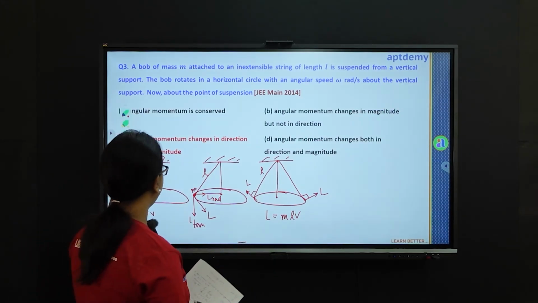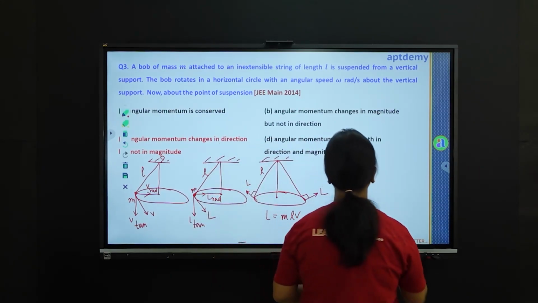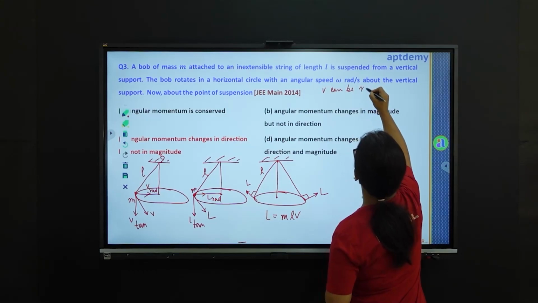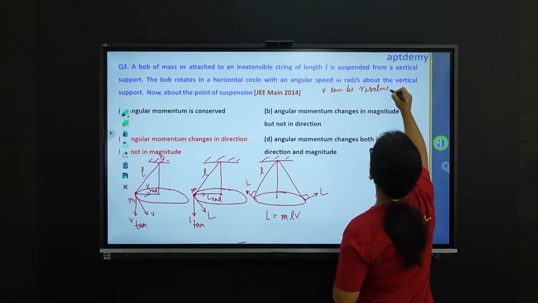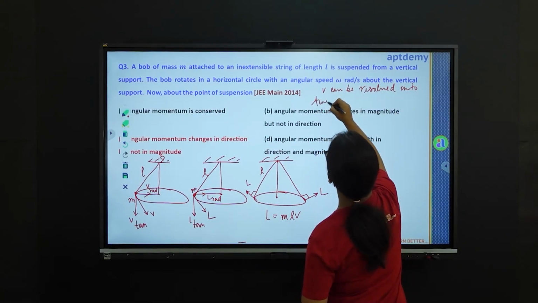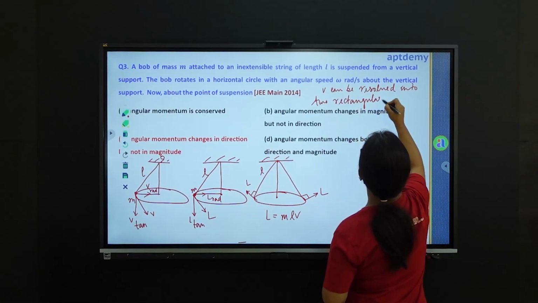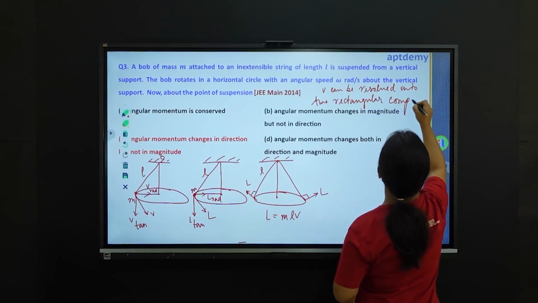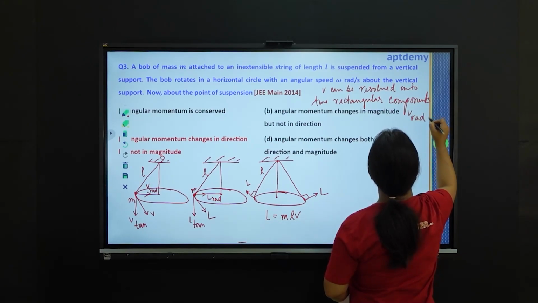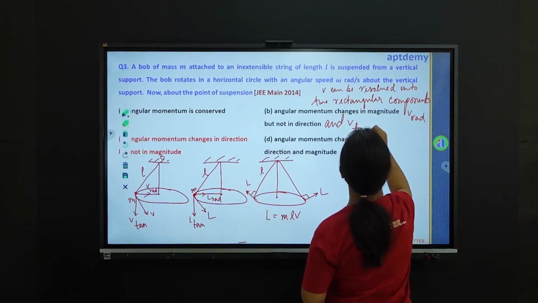So let us just jot down the points that we have. V can be resolved into two rectangular components, V radial and V tangential.